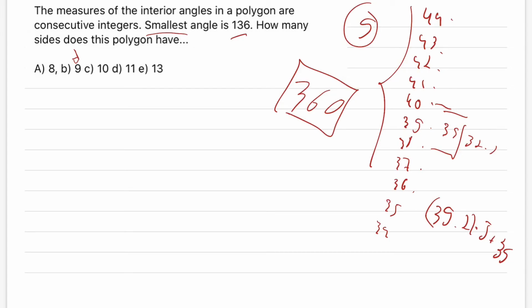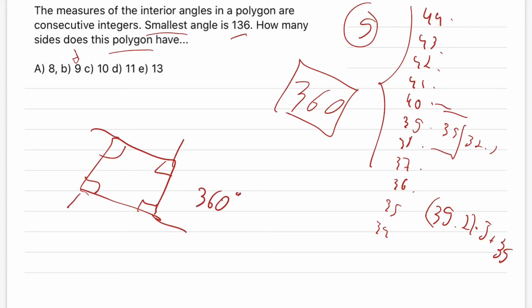The most important thing here is to remember this rule of the polygon, okay? Maybe we will not remember the sum of the angles in the polygon, but the adjacent angles have to be 360, and knowing this would make it easier for you if you don't know how to solve it, to try each of these values here.